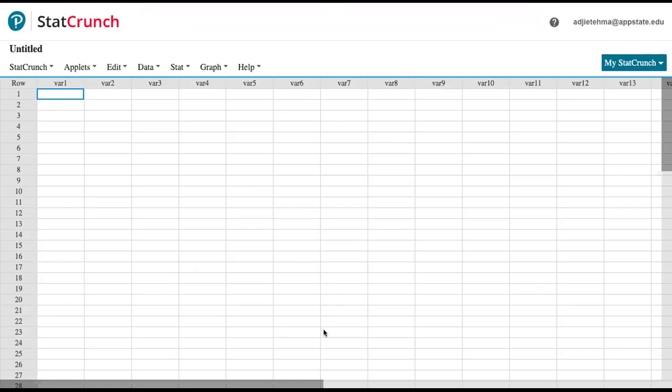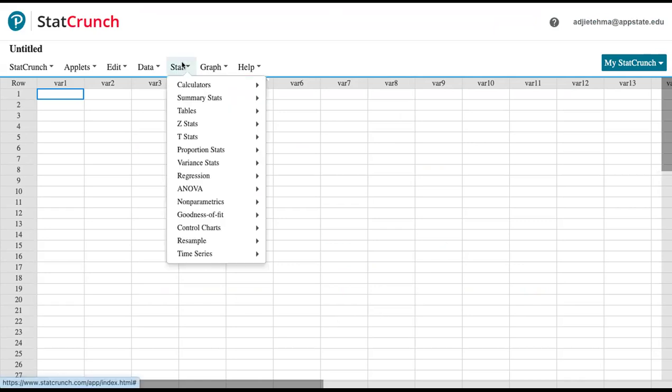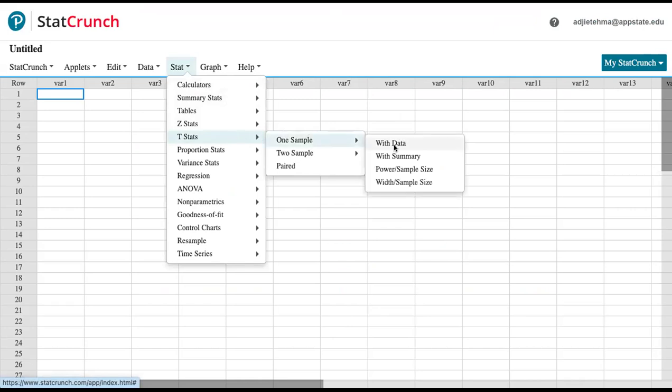I will encourage you to open your StatCrunch. Do you all have your StatCrunch opened? It's very important you know how to use StatCrunch to do this. So we go to Stats, then T Stats, One Sample, and then we go with Summary.